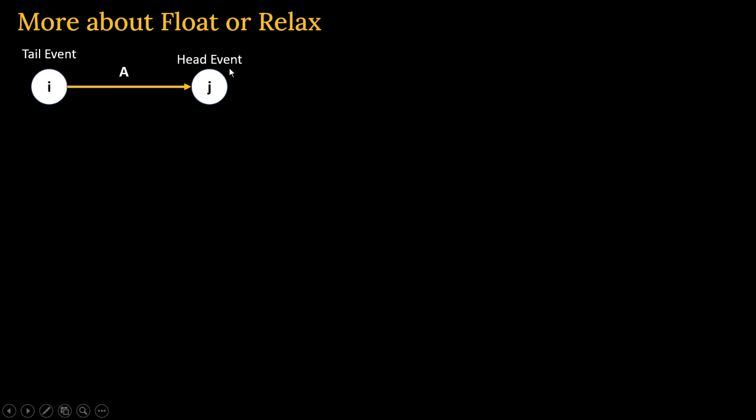Jth node, the finishing node, is known as the head event. Duration is Dij to complete. Ei indicates the earliest start time. Li indicates the latest start time. Ej indicates the earliest finish time, and Lj indicates latest finish time.